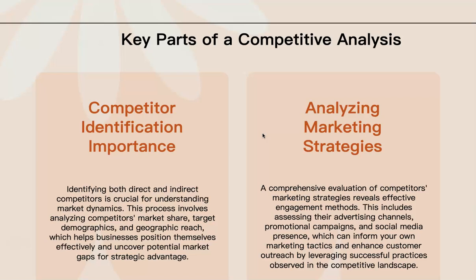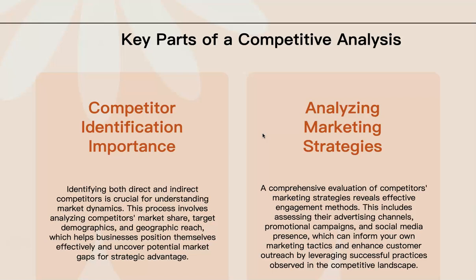Now, what is an indirect competitor? It's any organization that does something that people could utilize instead of your type of product. So for instance, let's say you run an ice cream store. You might think that your competition is only other ice cream stores, but the reality is people could go to a coffee shop, they could go to a candy store, or they could go to a bakery to get a sweet treat.